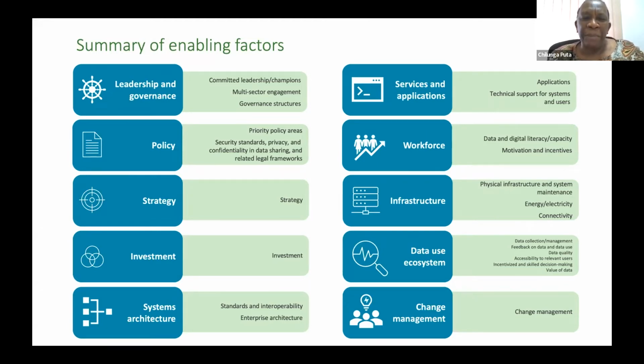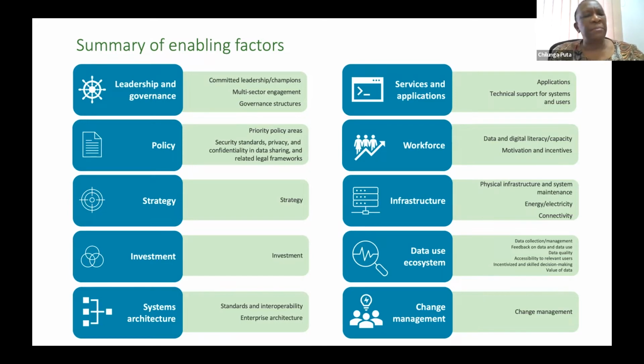Standards and interoperability, the enterprise architecture, of course, feature as a very important factor, because these things must work in a way that is systematic and aligned. The energy, the electricity, the connectivity, all these things came up as issues.